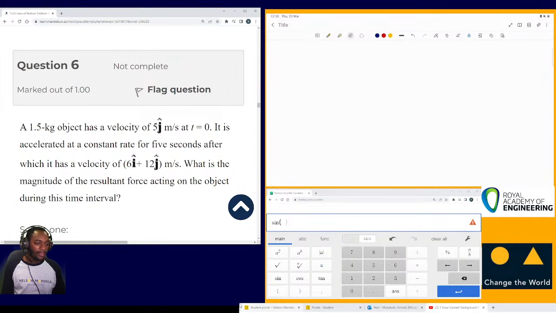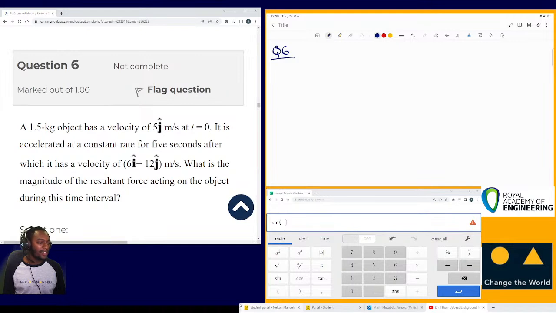So what do we have in the first part of the question? I'm going to highlight that we are working on question 6. It reads: a 1.5 kilogram object has a velocity of 5 meters per second in the j direction at time t equals 0.